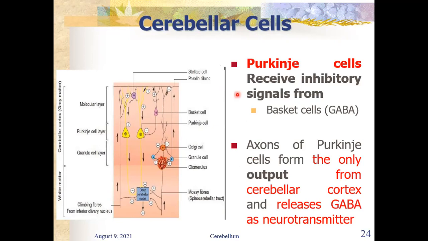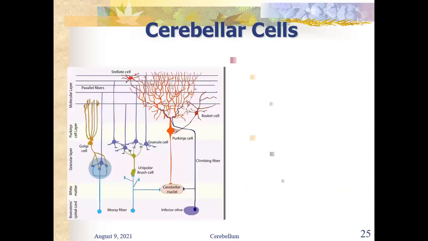You can see the basket cells here and the connection between the basket cells and the Purkinje cells. It is inhibitory. Axons of the Purkinje cells form the only output from the cerebellar cortex and release GABA as the neurotransmitter. You can see the output here via the deep cerebellar nuclei, which now exits the cerebellar cortex to the descending tracts or up to the motor cortex.